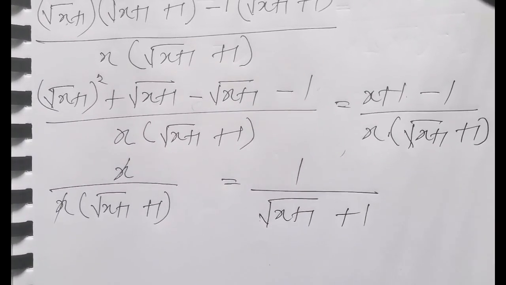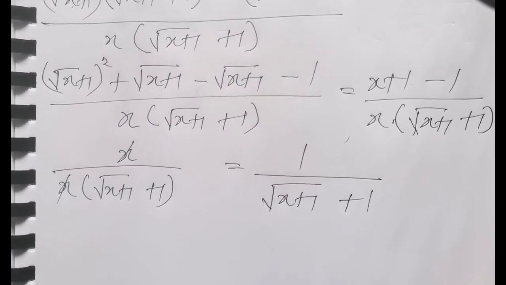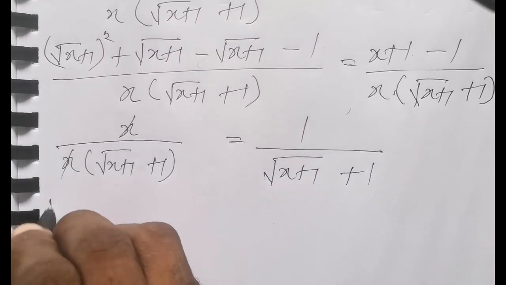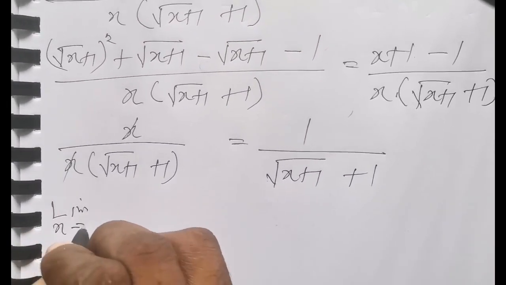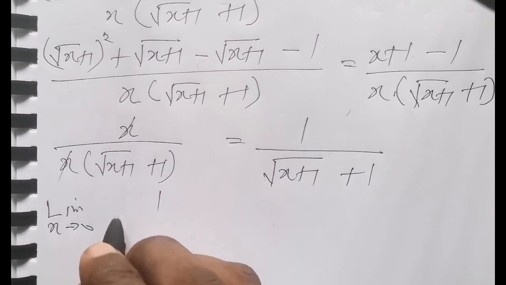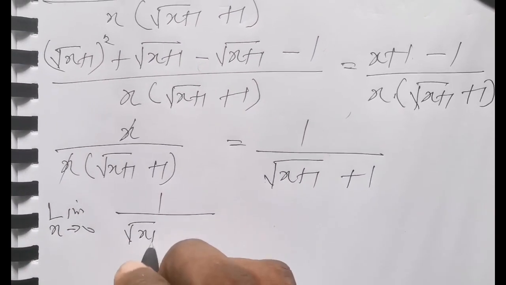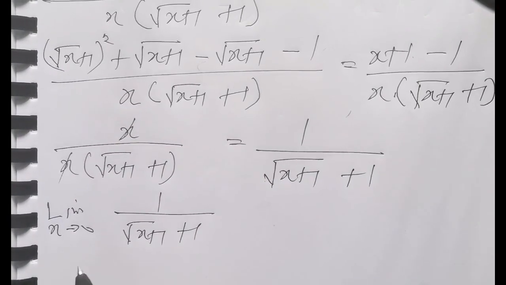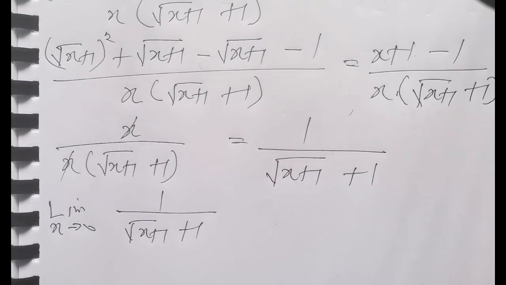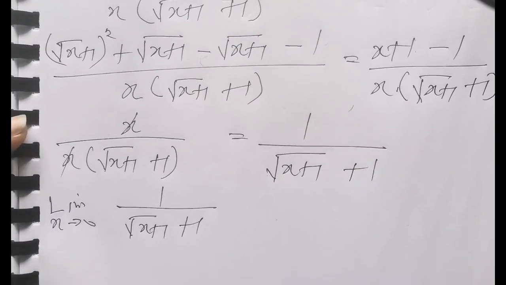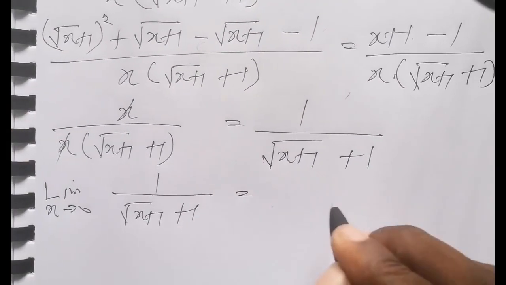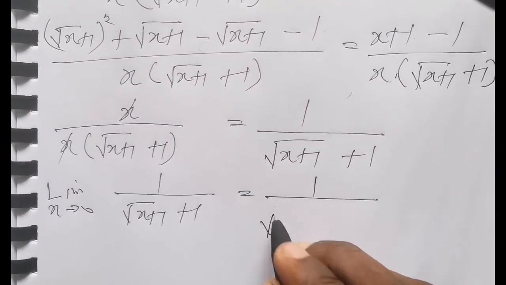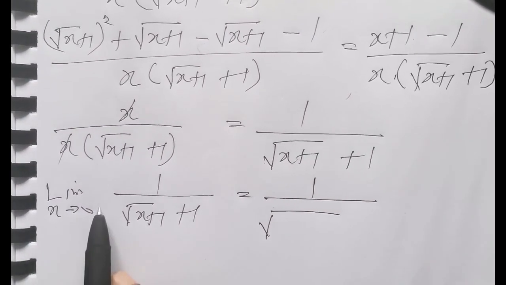Now you can put in your limit. So what you're actually looking for now becomes the limit as x approaches 0 of this function, 1 all over root x plus 1 plus 1. So you simply set x to be equal to 0. Wherever you see x, put in the value as 0.